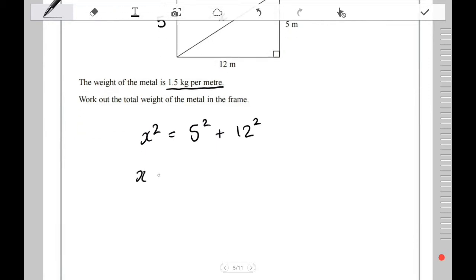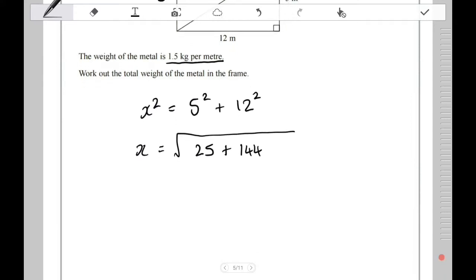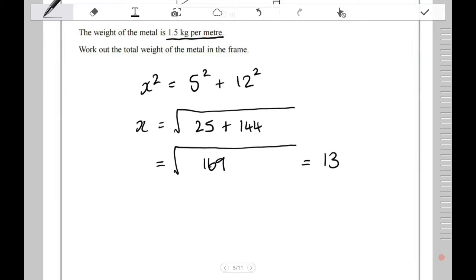So x equals the square root of 5 squared, which is 25, plus 12 squared, which is 144. Remember, this is a non-calculator paper. 25 plus 144 is 169, which is equal to 13, because 13 squared is 169.